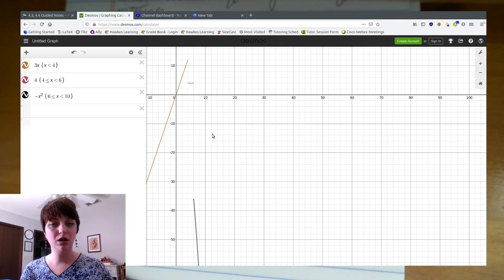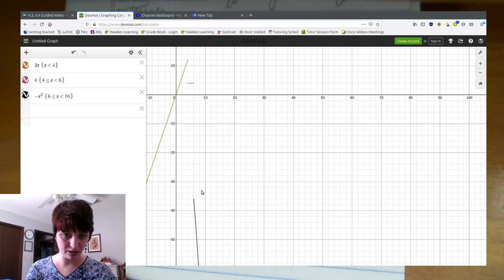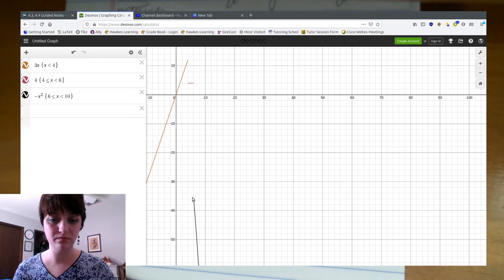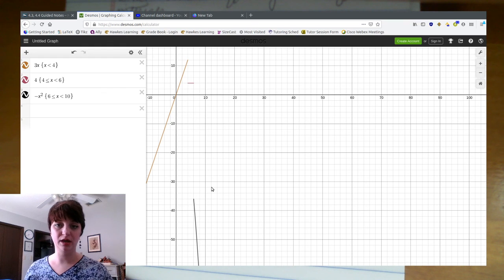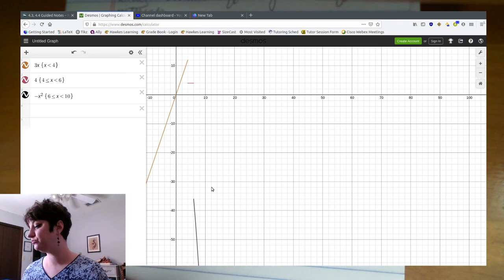Okay, so I've got a part that is linear, positive slope, then it changes to constant, and then it changes to a negative parabola. And it's not so easy to tell, but this is not linear. This is growing with an exponential, okay? And we are going to talk about how to graph these. First, let's just look at evaluating them.